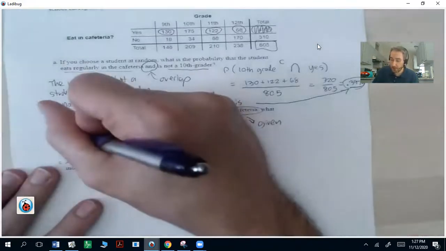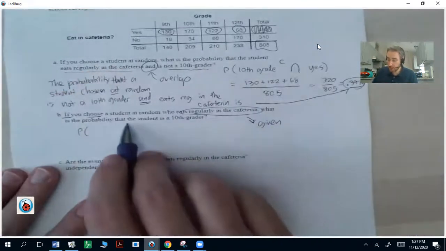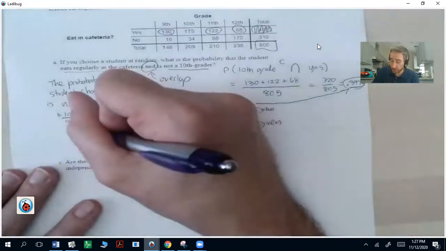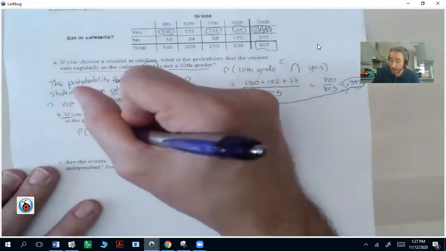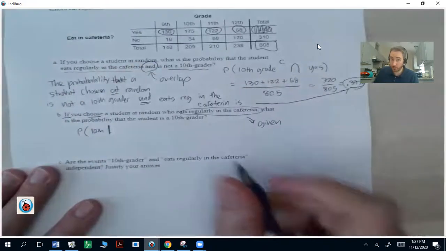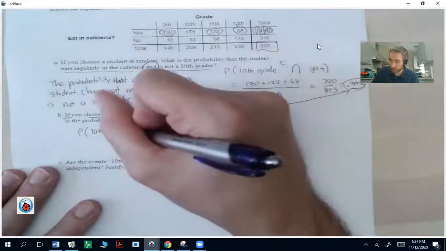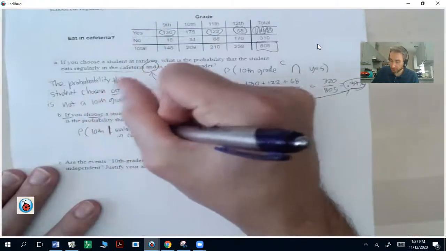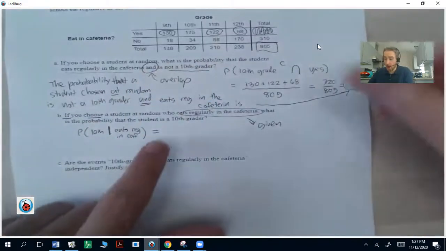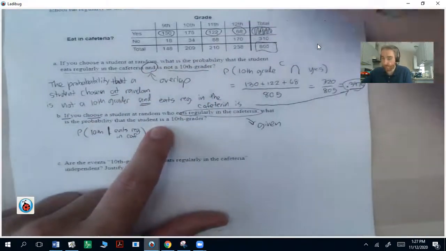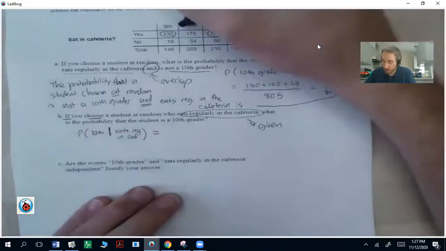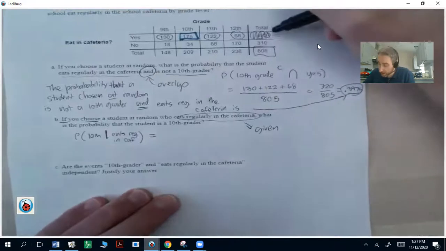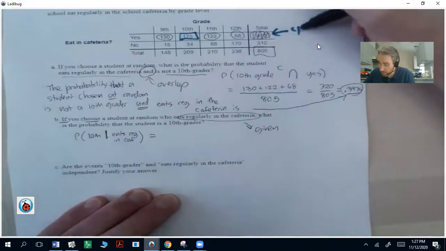So this problem is going to be probability. What is the probability the student is a 10th grader is the same thing as the probability of 10th grade given eats regularly in cafeteria. So that's the probability of the overlap. So 10th grade given, now that total was 495.